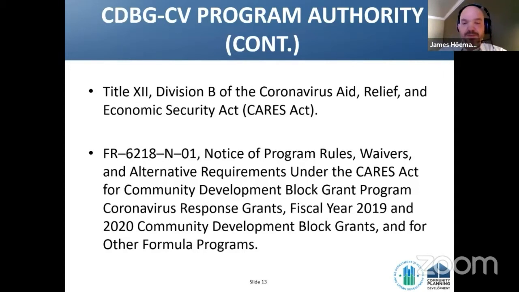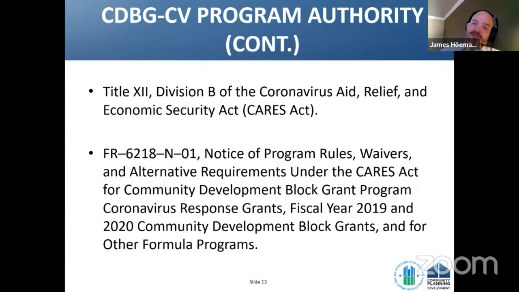And it also gives us the opportunity to provide other waivers and alternate requirements to our grantees to make it easier for you all to implement the program, but also to make clear any kind of expectations that we have with the performance of that.